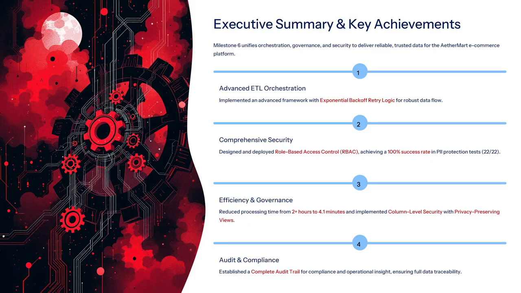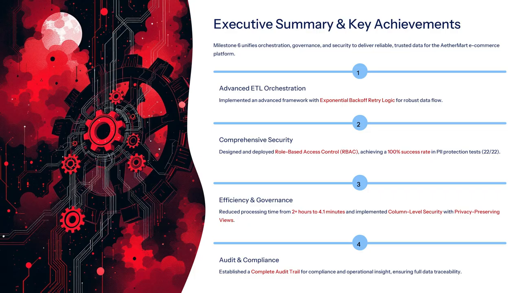So this is an executive summary and key achievements. Milestone 6 unifies orchestration, governance and security to deliver reliable, trusted data for the AetherMart e-commerce platform. So we saw the advanced ETL orchestration, implemented an advanced framework with exponential backoff retry logic for robust data flow. Then we looked into comprehensive security, designed and deployed role-based access control, achieving 100% success rate in PII protection tests.